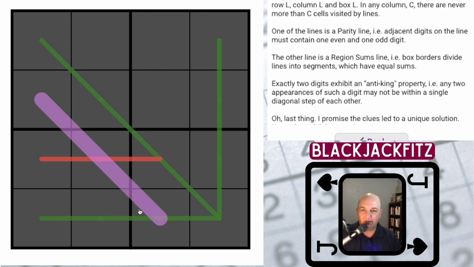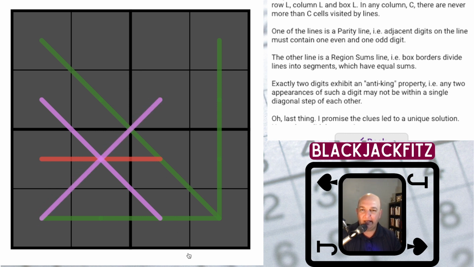Now the other alternatives are that and that, I think, or it could be that. I think that is also possible because this meets all of the criteria. And then the same thing is true with this one.